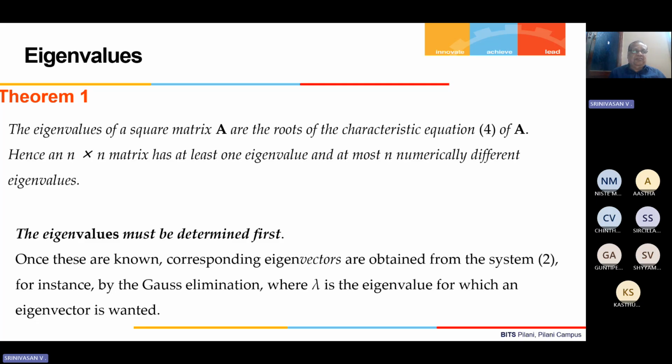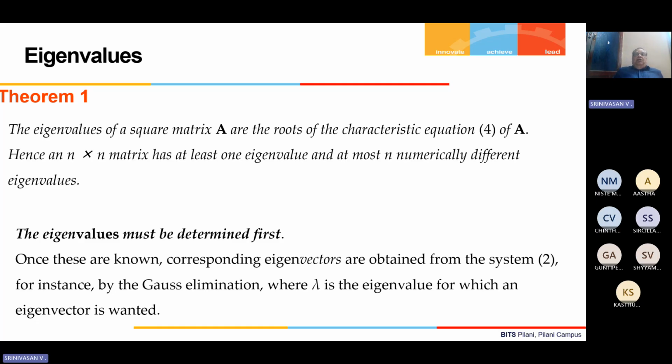They can simply be called solutions, or we can also say roots. So the roots of the characteristic equation are the eigenvalues. Hence, an n by n matrix has at least one eigenvalue and at most n numerically different eigenvalues. The eigenvalues must be determined first. That is what we have understood so far.